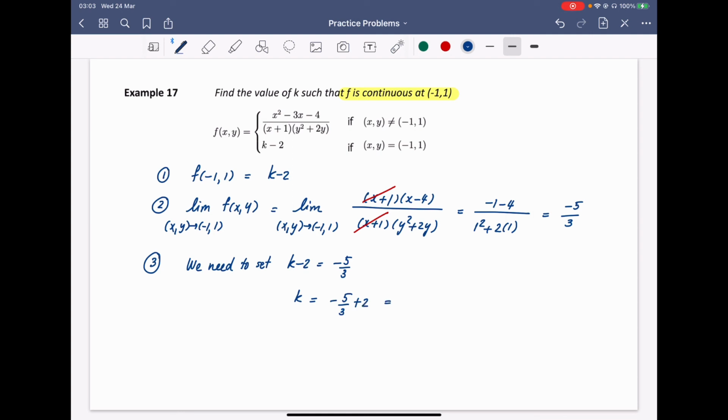And that is -5 over 3 plus 6 over 3, which is k equal to 1/3 at the end. So k equal to 1/3 is the final answer.